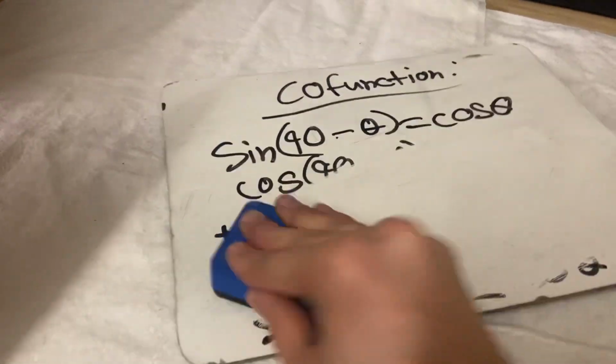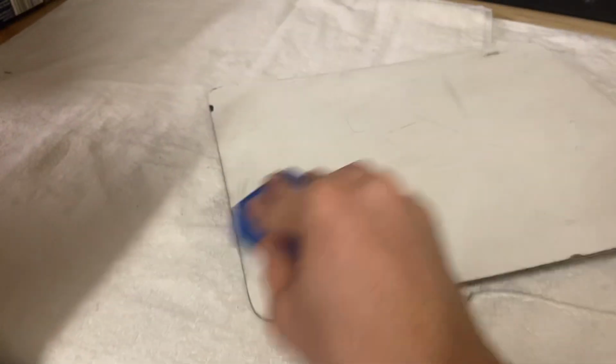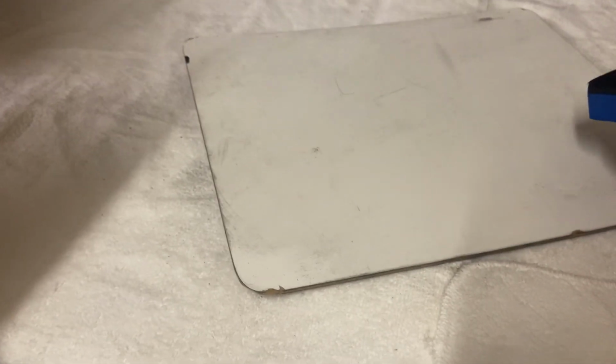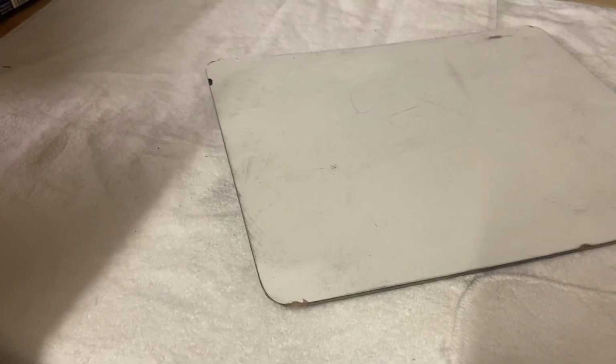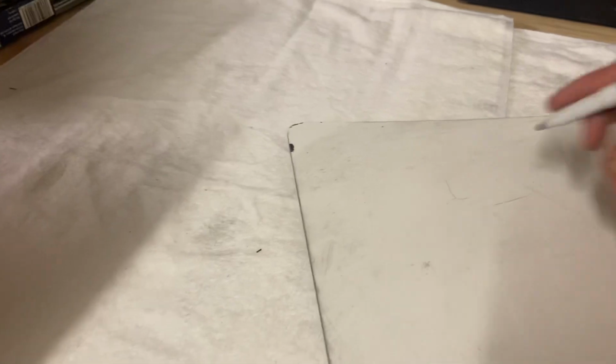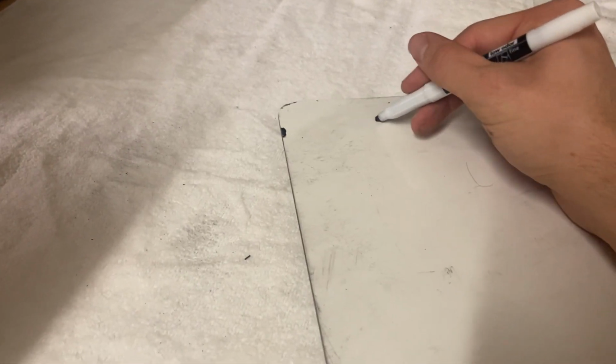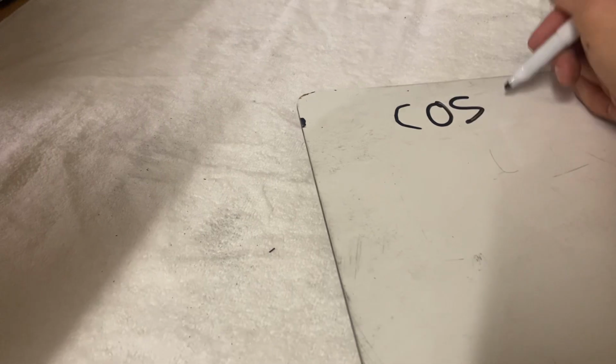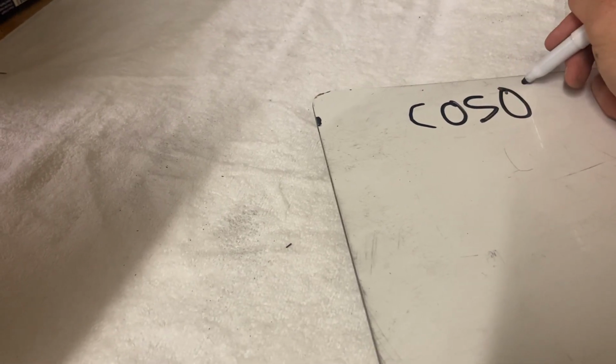Now, equivalence in this type of situation means that if the two angles of cosine and sine add up to 90, then they are equivalent. It will look something like this if we have a function. Let's start from the top. Cosine 0 equals sine 90, which equals 1.